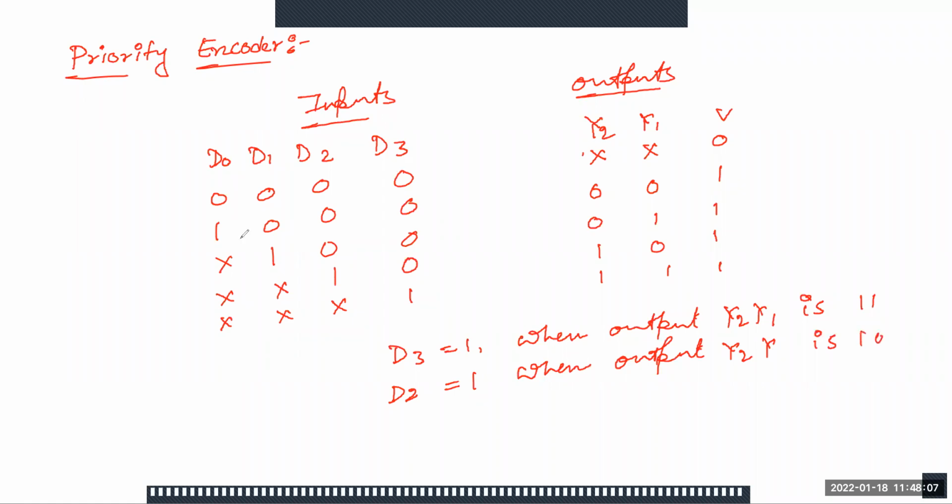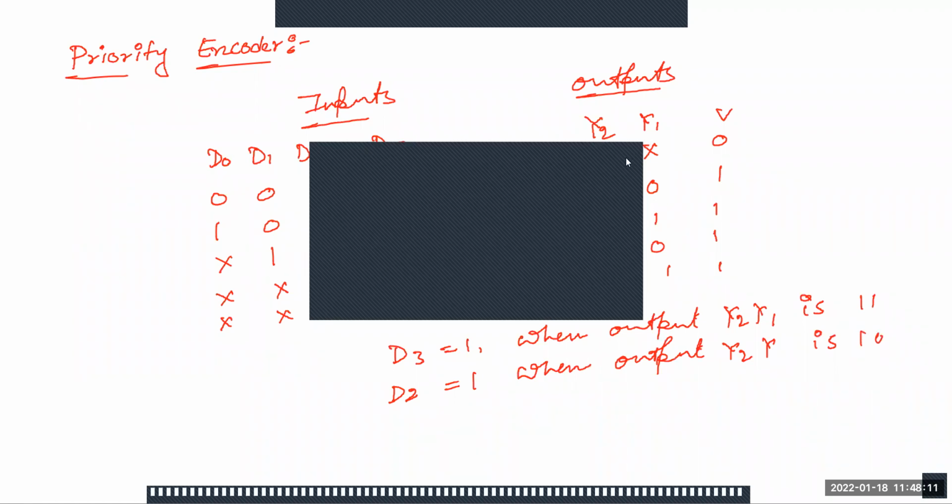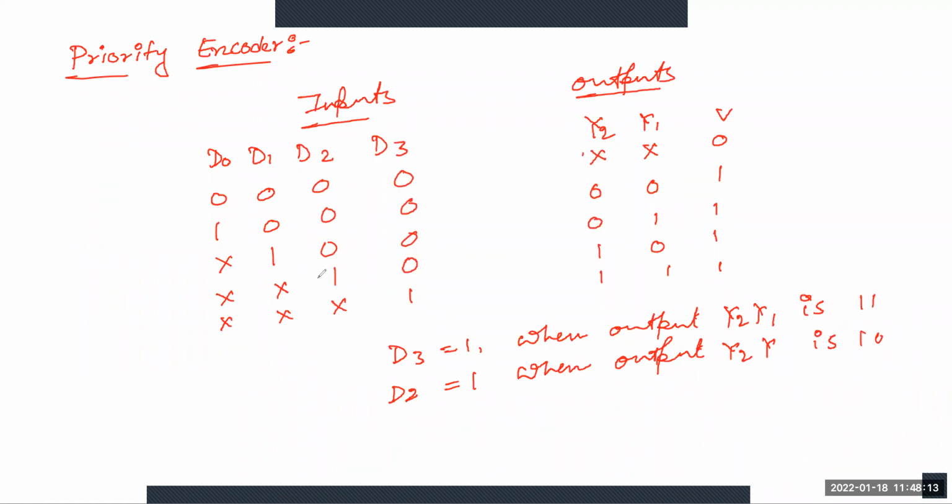So Y2 is 1 here for the case of D2, and the corresponding output is 1 0. The next priority level is D1, and for the case of D1, the output is 0 1.